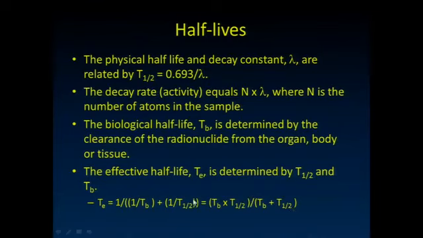So something like technetium-99m, which has a physical half-life of about 6 hours, and let's assume that the radiopharmaceutical that we've chelated it with has a biologic half-life that's also 6 hours. So 6 times 6 would be 36. 6 plus 6 is 12. 36 divided by 12 is 3. The effective half-life in the body would be 3 hours.